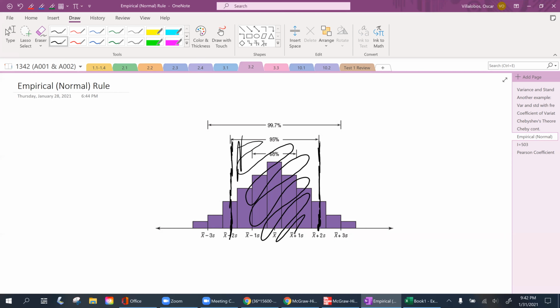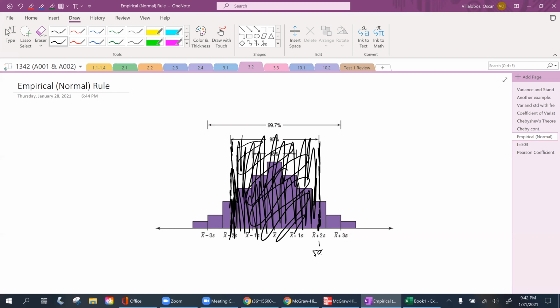So I know everything here accounts for 95% of it, where this is 599. How much is outside of it? Well, that's only going to be your full 100% minus your 95%, which leaves you with 5%.